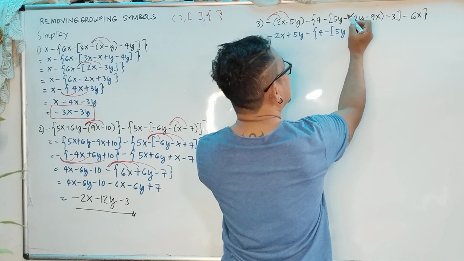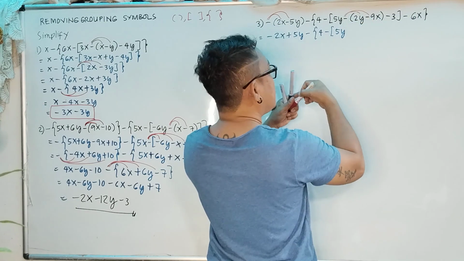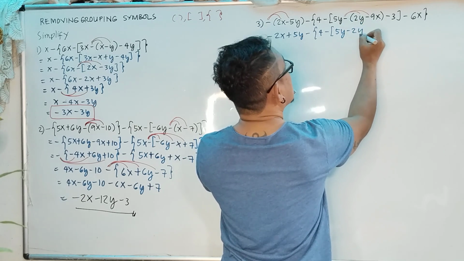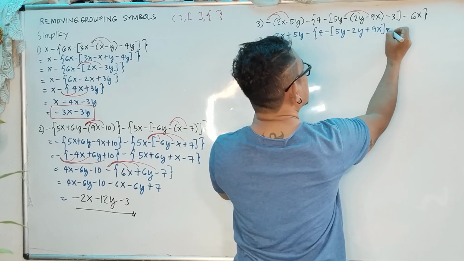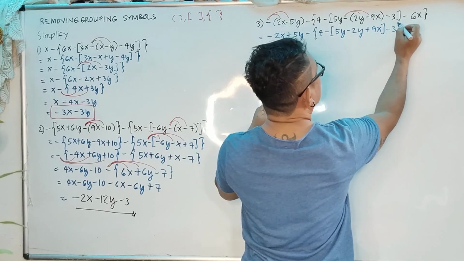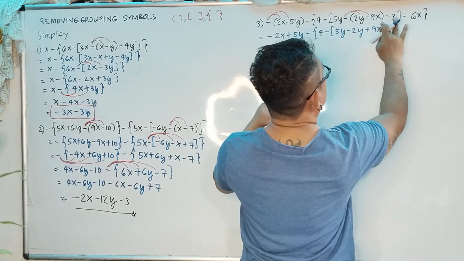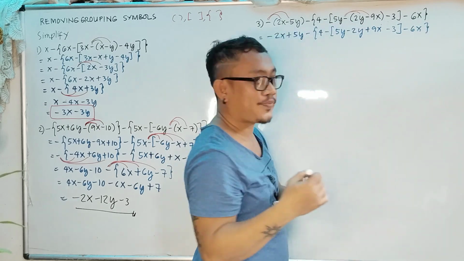Again, by the distributive law. Negative times 2y, negative times negative. So, negative times 2y, minus 2y. Negative times negative, so plus 9x. Close. Copy minus 3. Close minus 6x. Close. Okay?